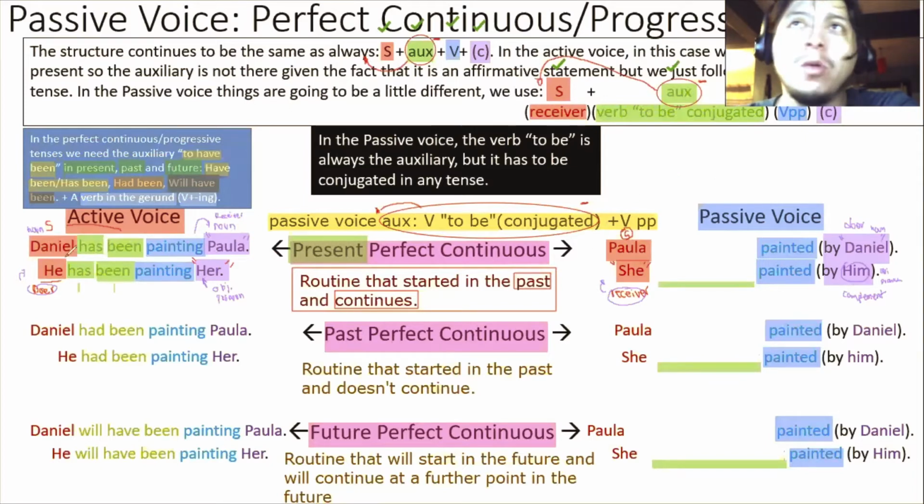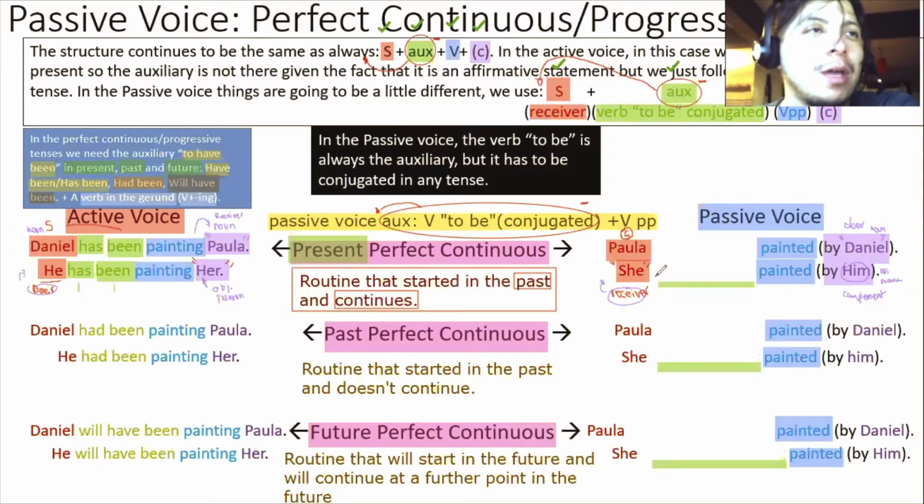In the active voice, Daniel was the subject and we use a personal pronoun. In the passive voice, Daniel is the complement and we use an object pronoun. So they switch functions. The one that used to be the complement is now the subject. And the one that used to be the subject is now the complement, okay?